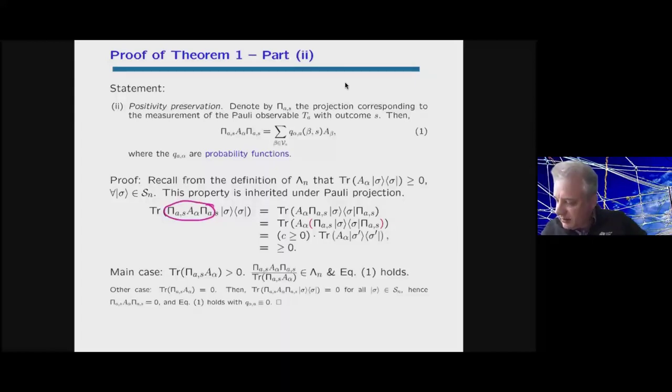And this is a very simple argument, just involving the cyclicity of trace and associativity, and furthermore, a little bit of stabilizer theory. So when you have a stabilizer state and apply a Pauli measurement, this gives you another stabilizer state. So that is basically the argument.